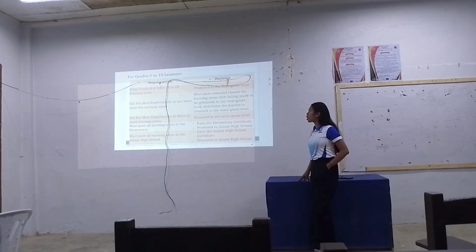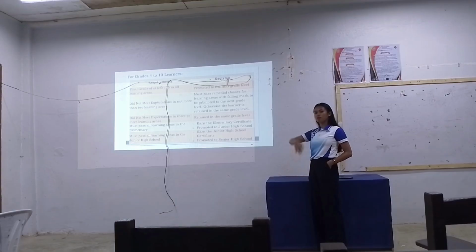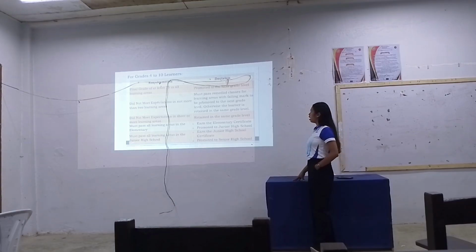For grade 4 to 10 learners, final grade of at least 75 in all learning areas, promoted to the next grade level. So, pwede na ka sa next level. And then, did not meet expectations in more than 2 learning areas.